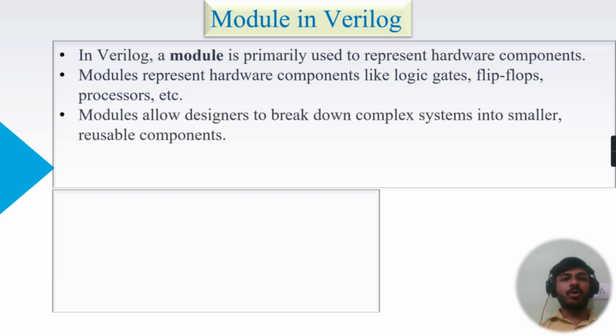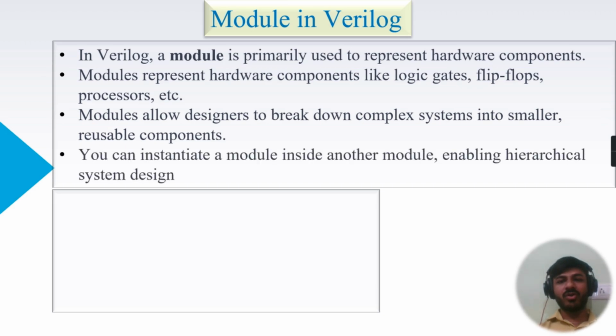Modules allow designers to break down complex systems into smaller reusable components. You can instantiate a module inside another module, enabling hierarchical system design. For example, if you want to create a 4-to-1 mux by using 2-to-1 muxes, you can create a separate module for the 2-to-1 mux and instantiate it inside another module. That is the meaning of instantiating a module.